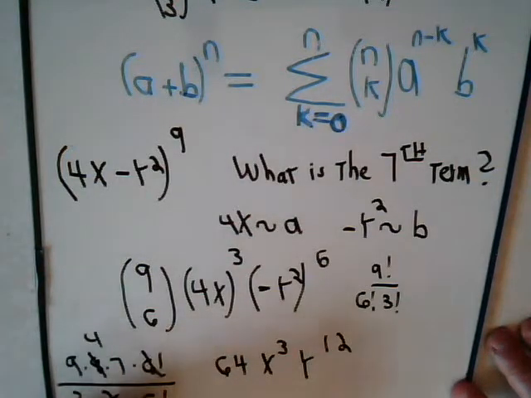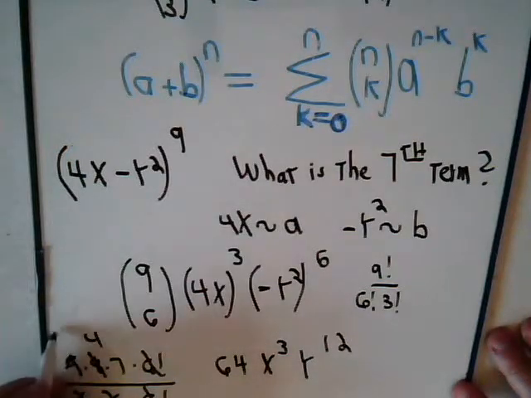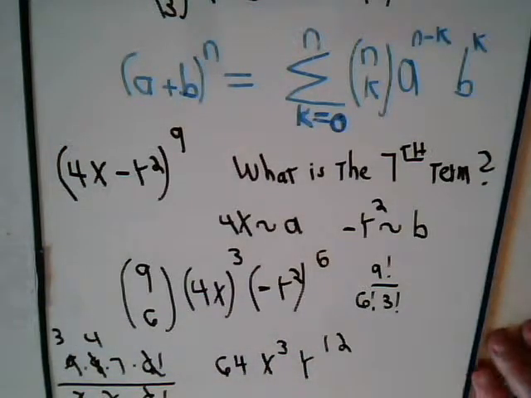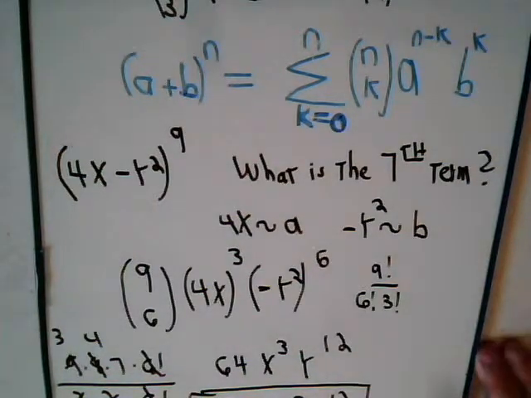Make that a 4. These cancel. That's 3. So here we have 28 times 3. That would be 84. So we have 84 times 64 x cubed y to the 12th. That would be the 7th term in the series.